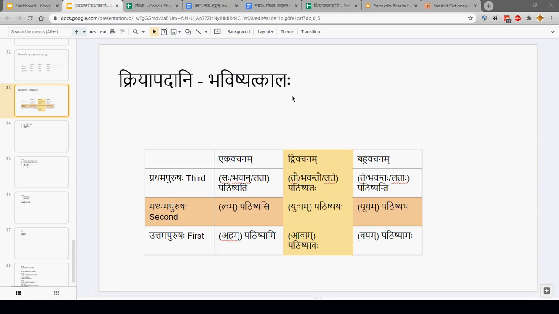Similarly, if we are reading two books, we can use aham. If you look at the vibhakti table for pustaka, you will see the dual form as pustake. So you can say aham pustake pathami. But to avoid that, we can just use pustaka dvayam.